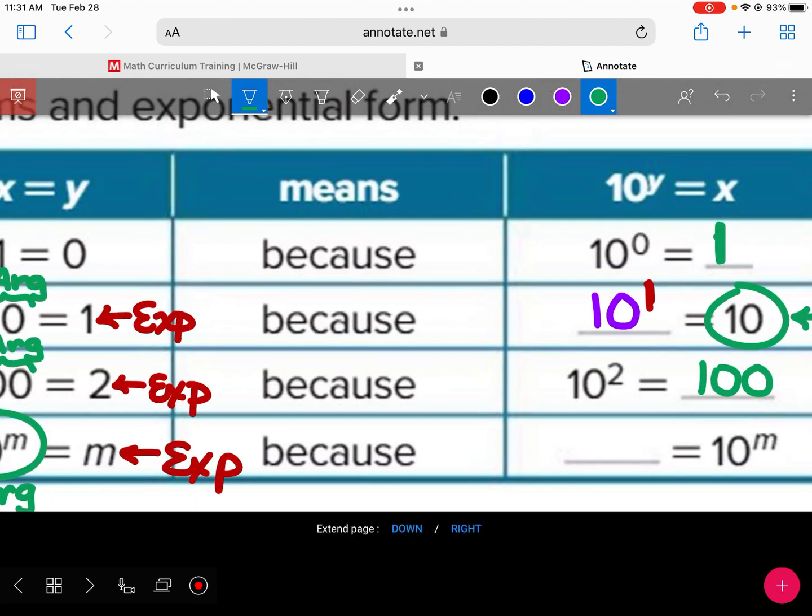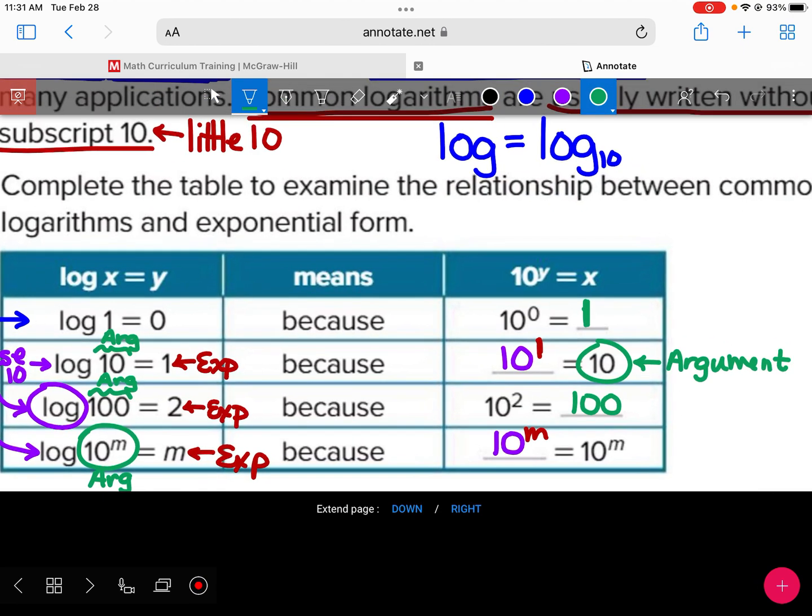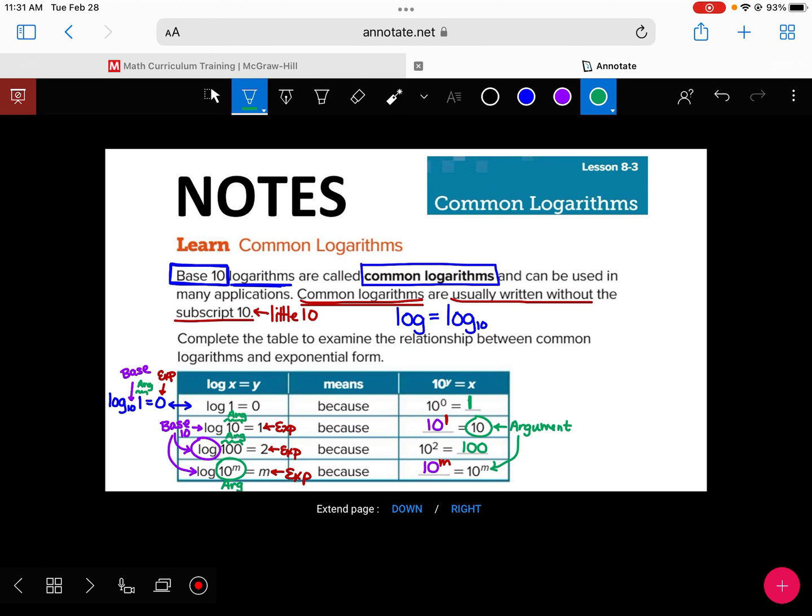So how would I fill in that blank over there? 10 to the power of m equals my argument. The argument was also 10 to the power of m. Anytime you see just log, the base is 10. So we can rewrite it in its exponential form with a base of 10.